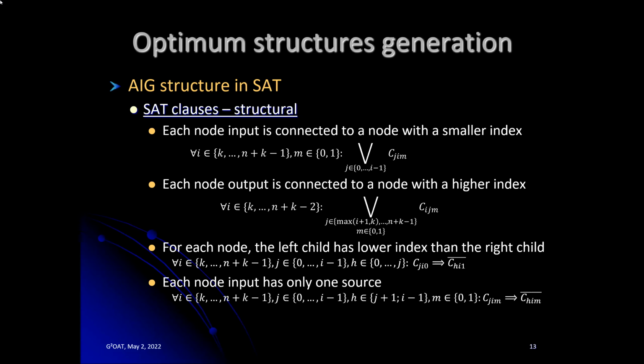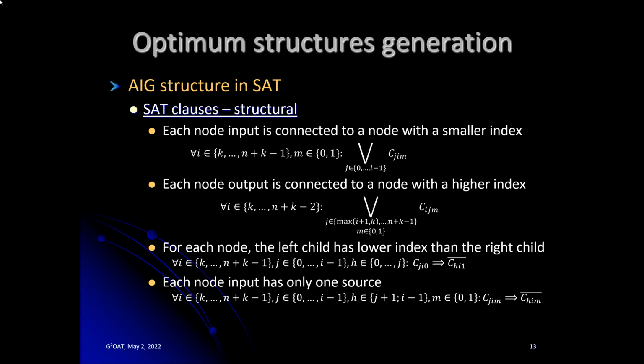Why should it be done? The same with the output. These are additional constraints, but otherwise you would obtain two equal solutions when solving, because of the left one and the right one. Okay. Each node input has only one source. There are many such constraints.